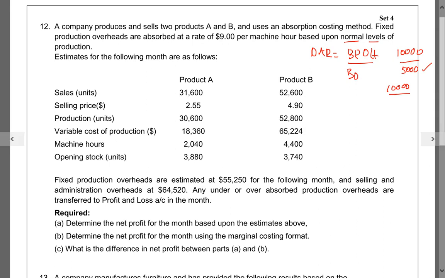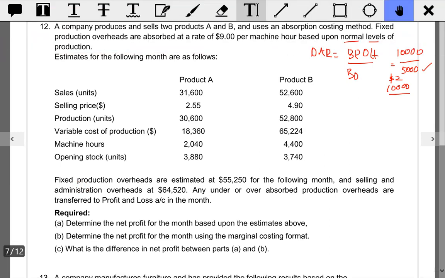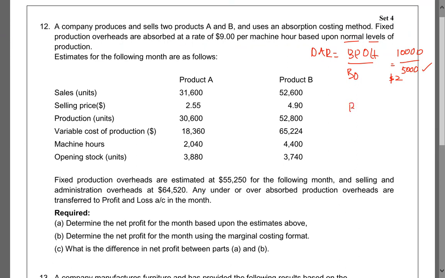Understand? But sometimes, when demand is so high, my OAR is based on normal, which is $2 here. My demand is so high that I may want to produce more for next month, just for next month. So I budget 6,000 units.